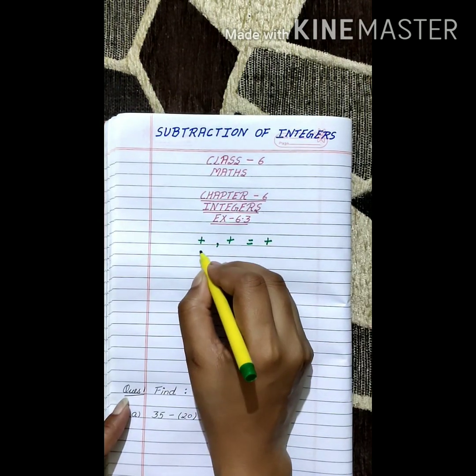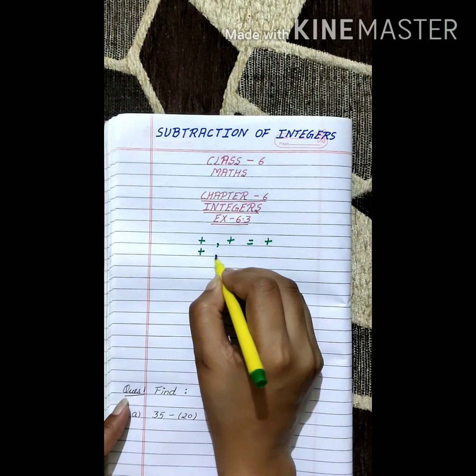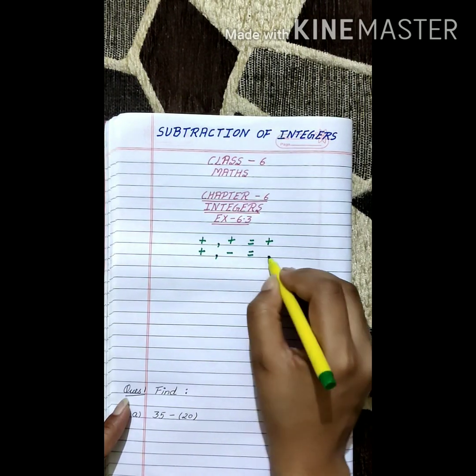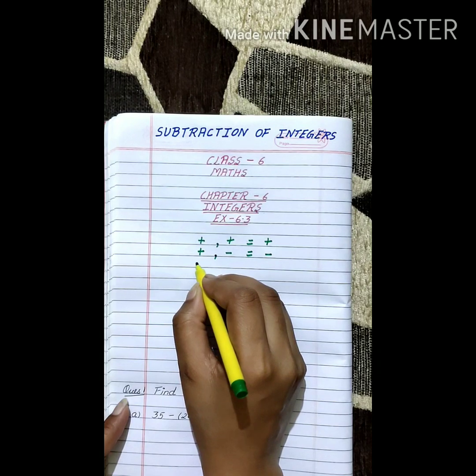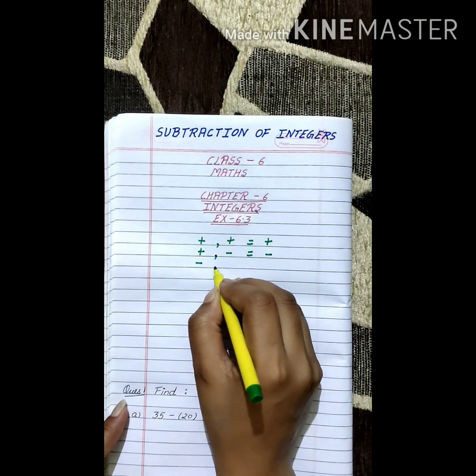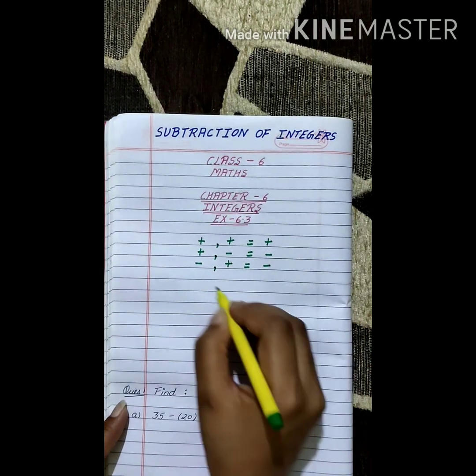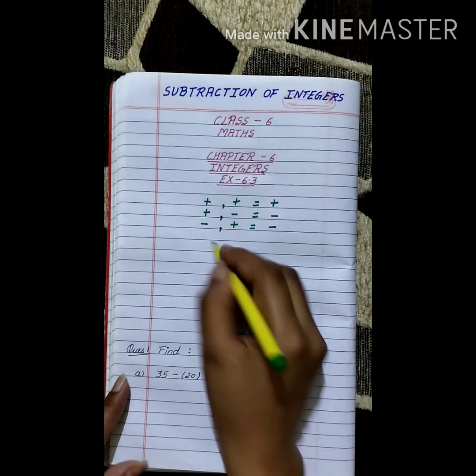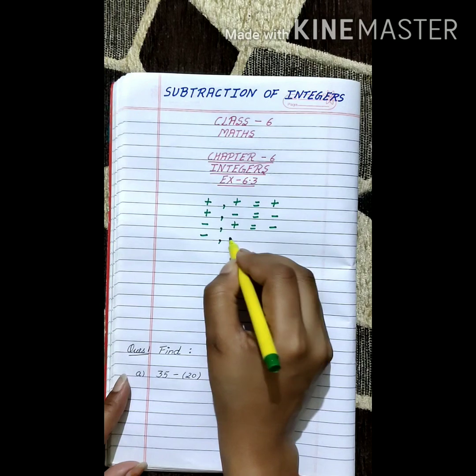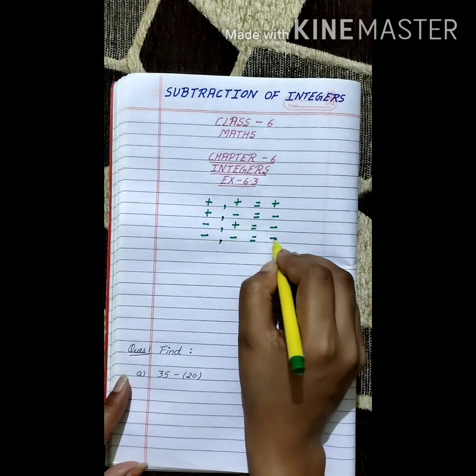If we have one positive sign, another negative sign, then we will subtract. If we have one negative sign, another one positive, then we will subtract. And if we have both negative sign, then we will add.